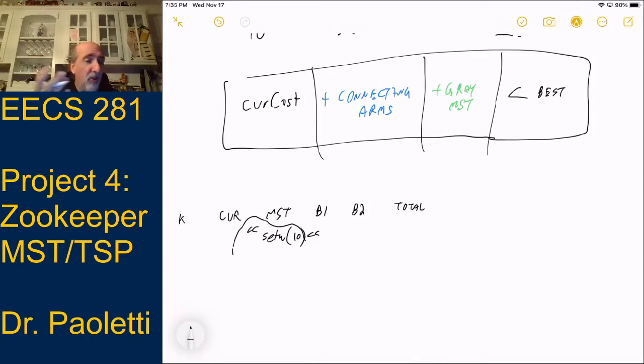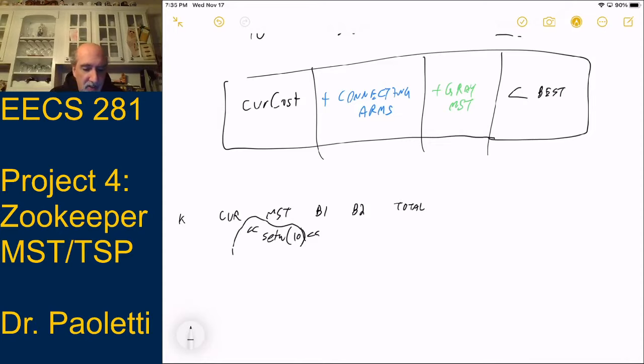So if one of your connecting arms is always 0, that's a problem. If your connecting arms always go down, they never ever increase, that's a problem. If your MST cost always goes down and never ever increases, that's a problem.